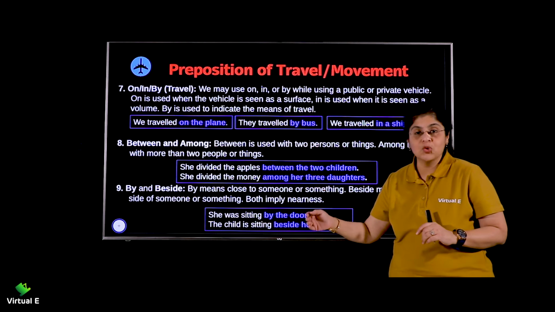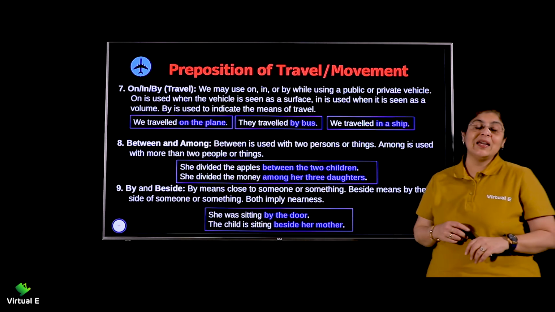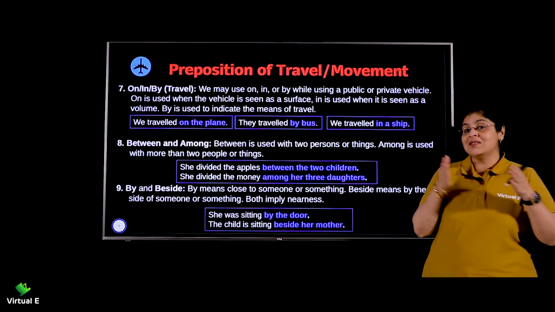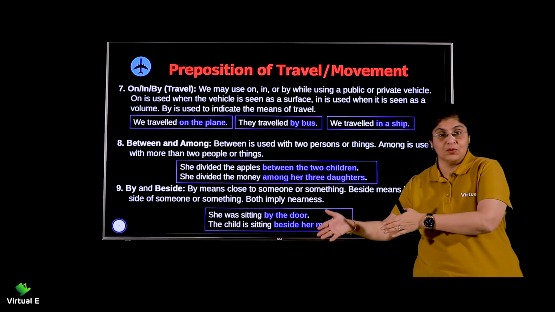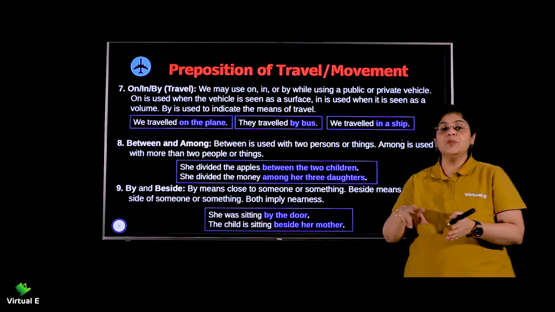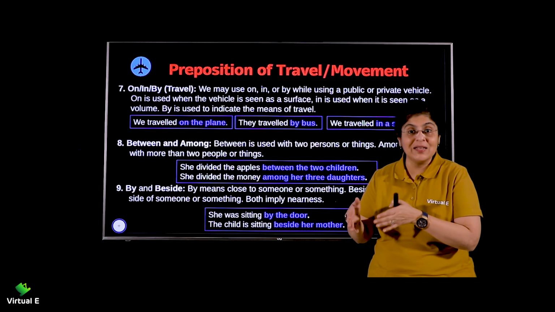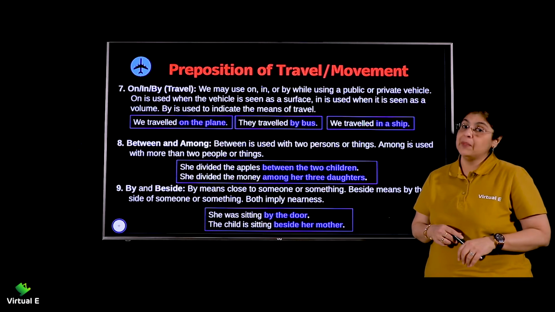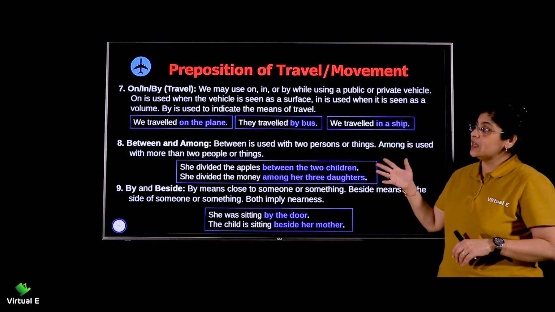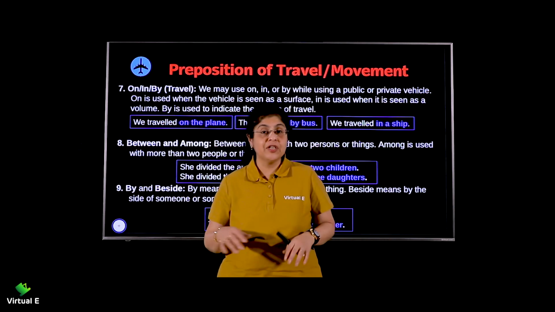She was close to the door, by the door. The child is sitting beside her mother. Beside her mother means next to. You know, your friend sits beside you. You know, in class, you all are two people on a bench. So you all are sitting next to each other, beside each other, right? So you see the difference between by and beside. So these are some sort of confusing prepositions which you need to take note of.